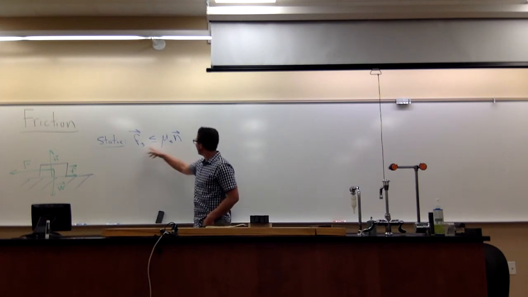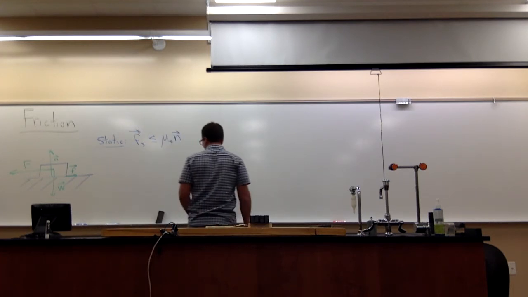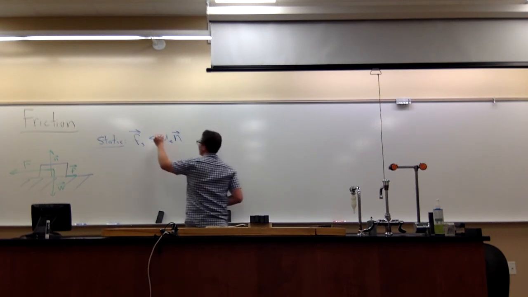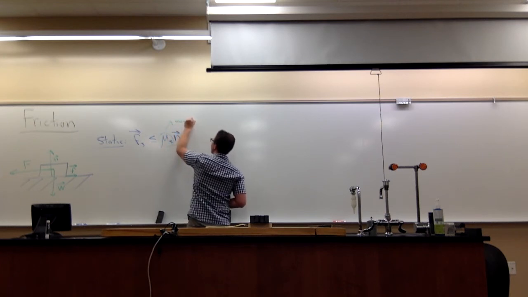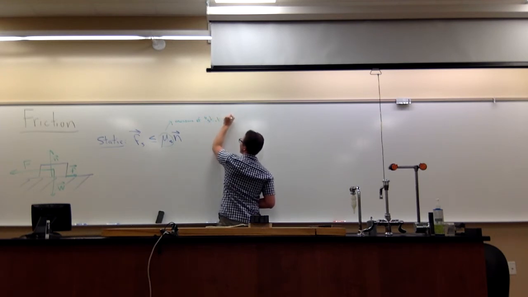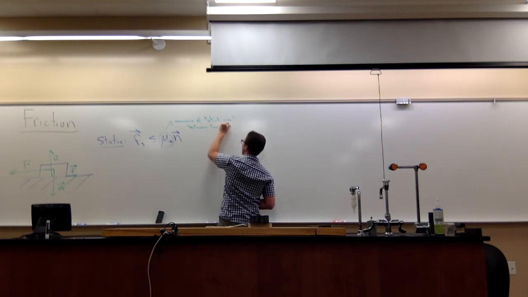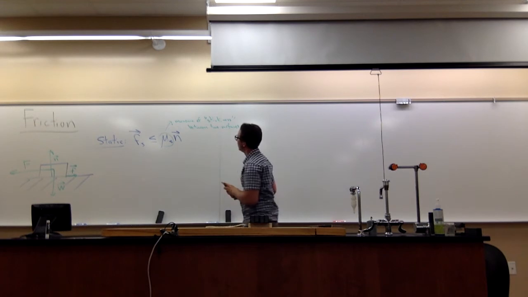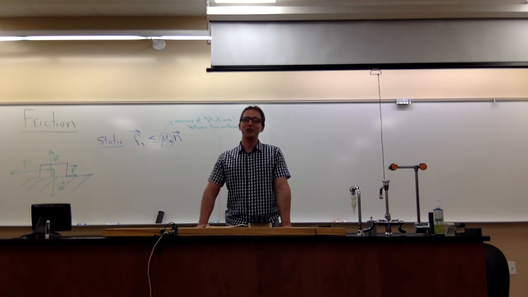So the maximum friction would be equal to mu s n, and friction itself is a contact force. This quantity, mu s, is really a measure of what I'll call the stickiness between two surfaces. At the microscopic level, there are intermolecular bonds being formed between the two surfaces.